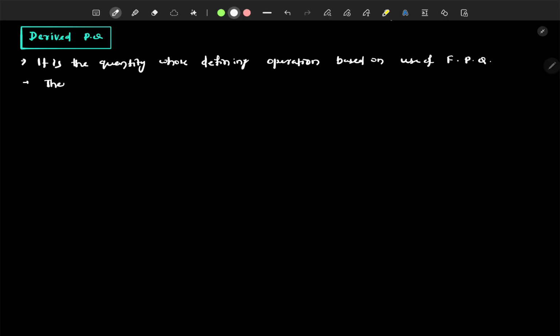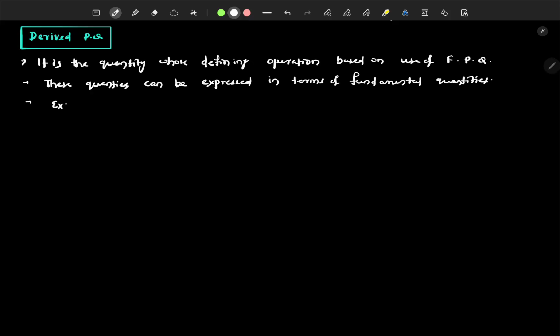Second point: these quantities can be expressed in terms of fundamental quantities. Very simple. For example, speed is equal to distance by time. Distance is length, so length by time. Length is a fundamental quantity, time is a fundamental quantity.